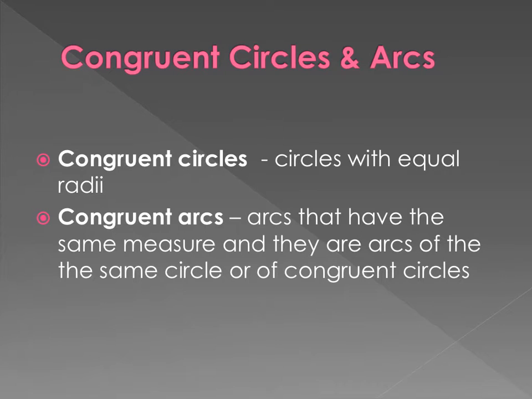Congruent circles and arcs. So congruent circles, we talked about yesterday, would be circles with equal radii. Congruent arcs are arcs that have the same measure, and are arcs of the same circle or congruent circles.